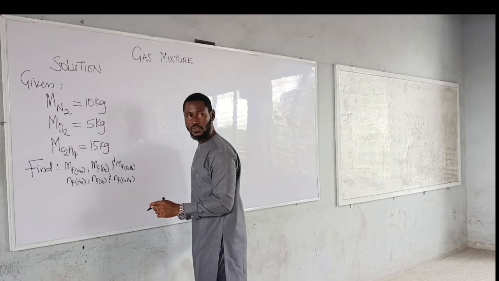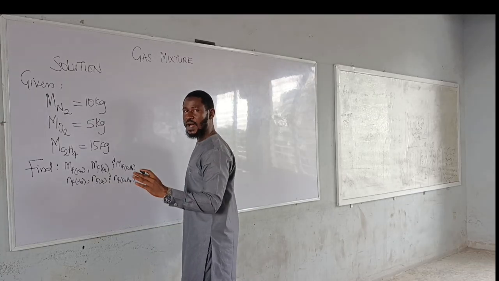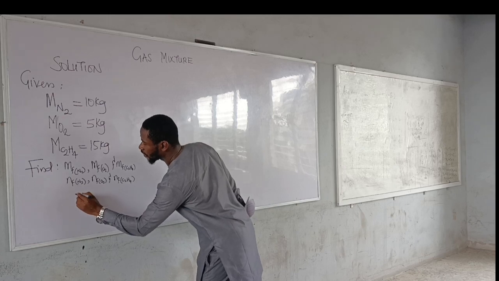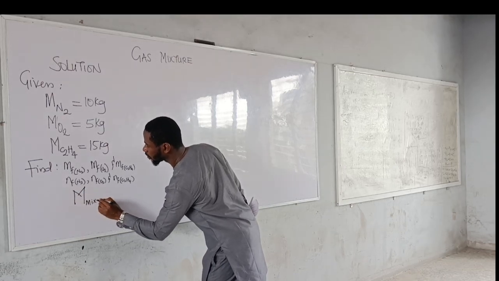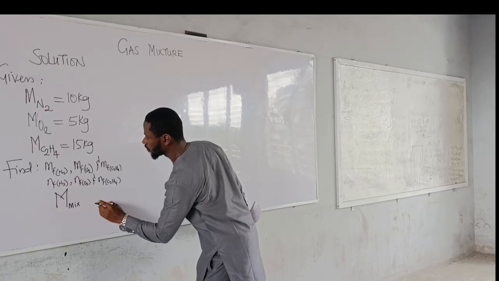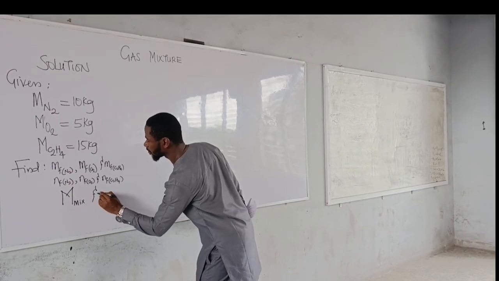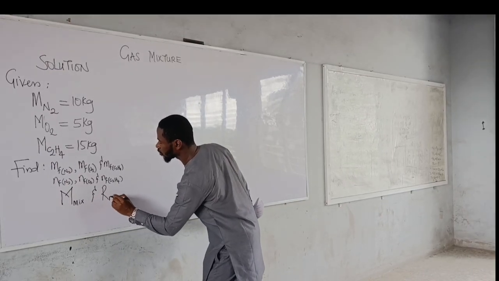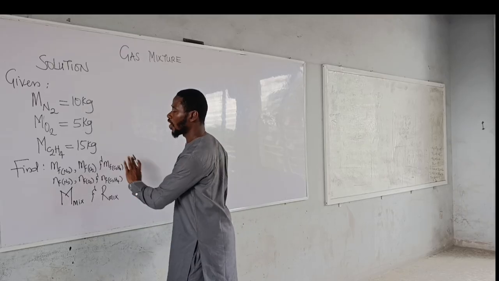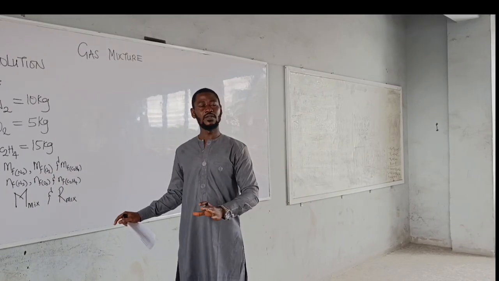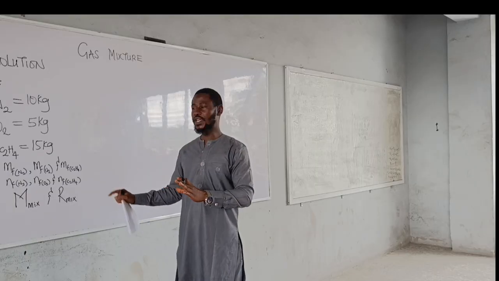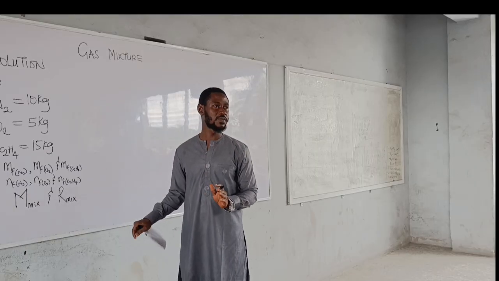And also, we are asked to determine the molar mass, capital M, of the mixture, as well as the gas constants of the mixture. All these are the things that we are asked to determine. They are the unknown values, and we have defined them as such.